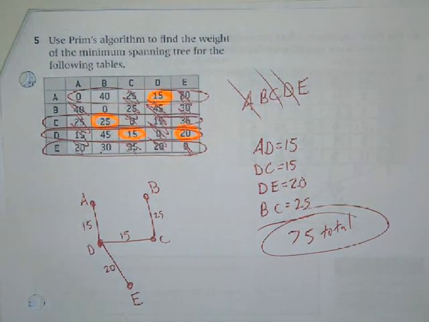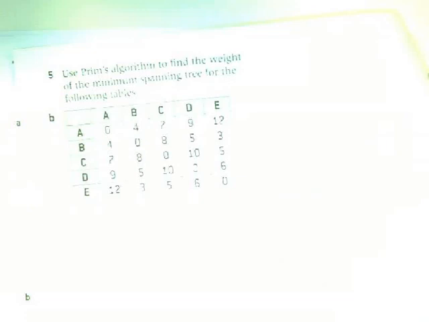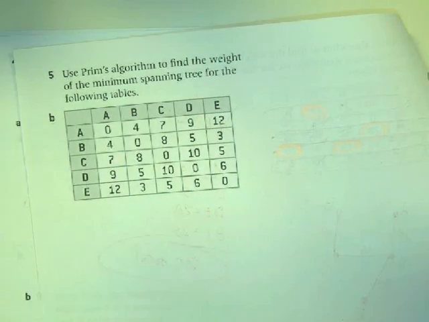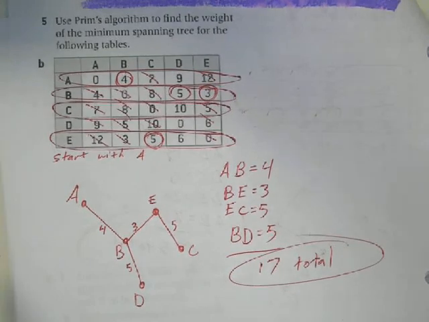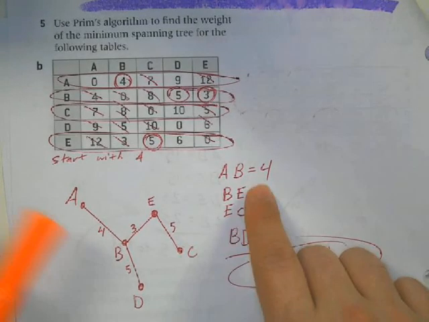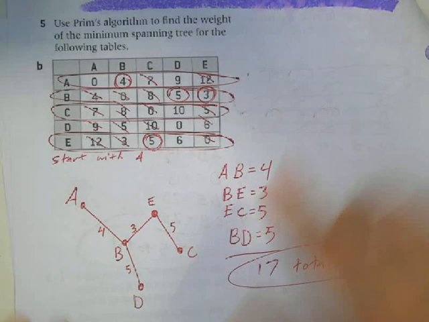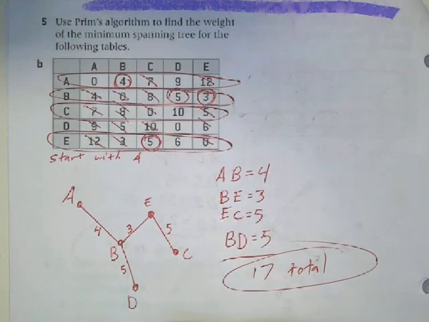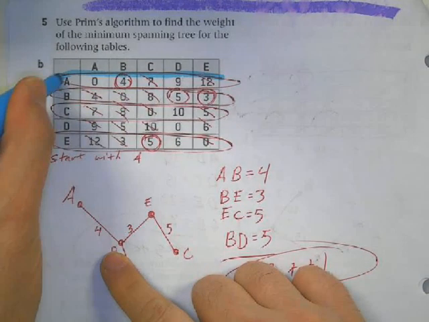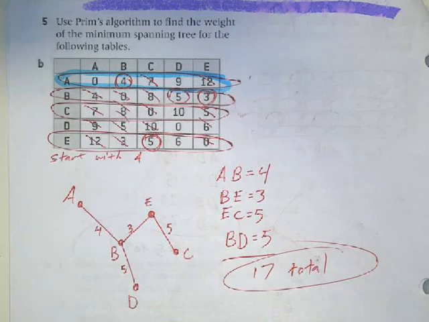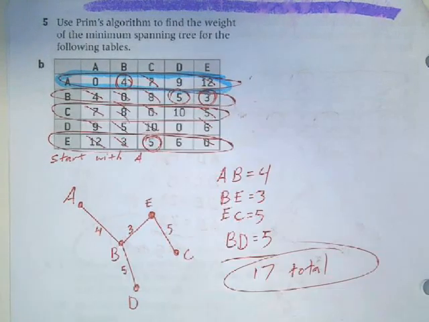Okay. Last question. Same process. So if I started with A to B, the smallest value there is 4.